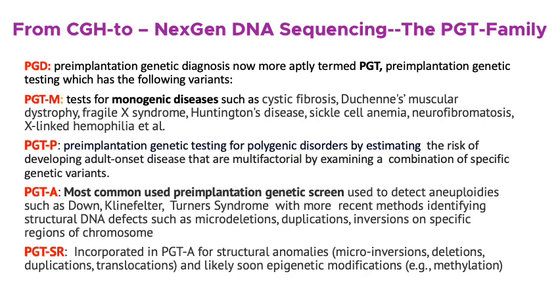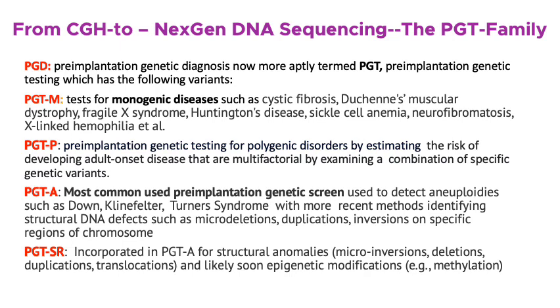PGT-P, which is pre-implantation genetic testing for polygenic disorders, by estimating the risk of developing adult-onset diseases that are multigenetic or multifactorial by examining a combination of specific gene variants. In other words, a lot of diseases are not single gene, they're multi-gene, and this allows you to test for the presence of those multigenetic variants that would result in a disease state.